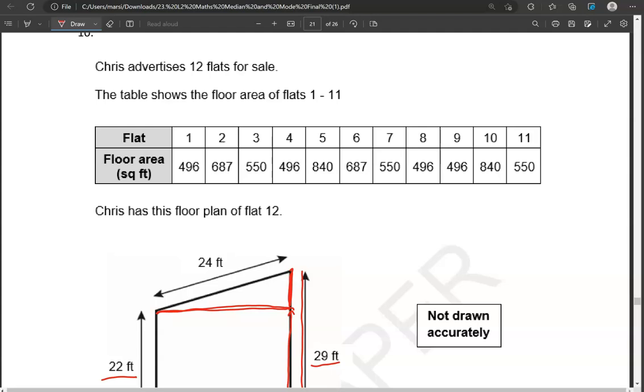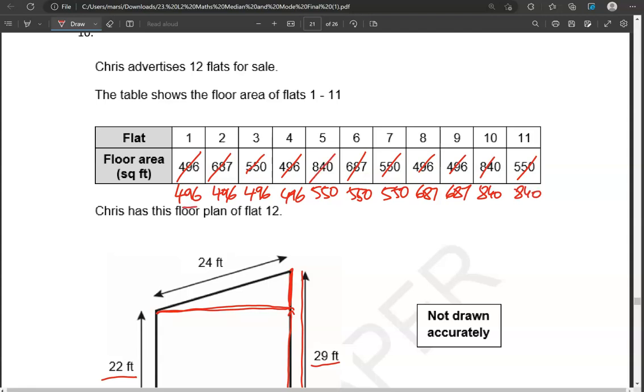So let's put these in order. We've got the lowest being 496, 496, 496, 496, then we have 550, 550, 550, 687, 687, 840, 840.